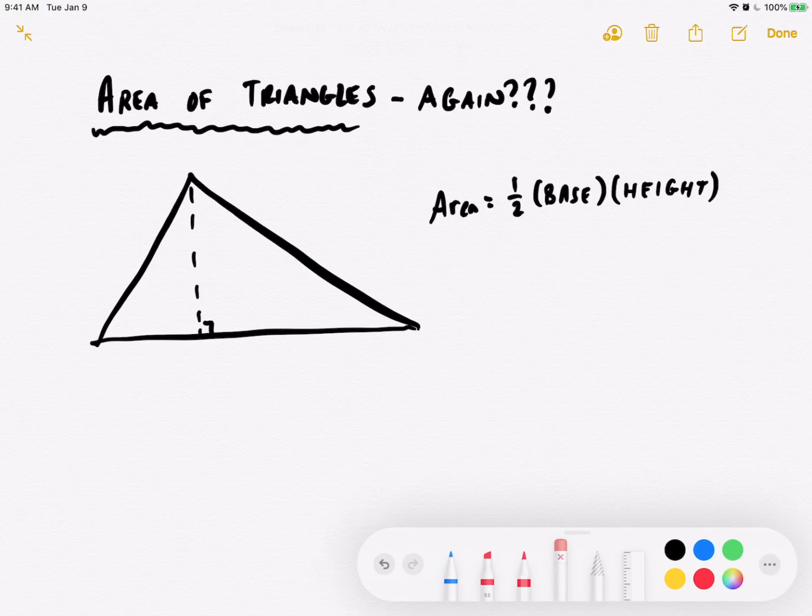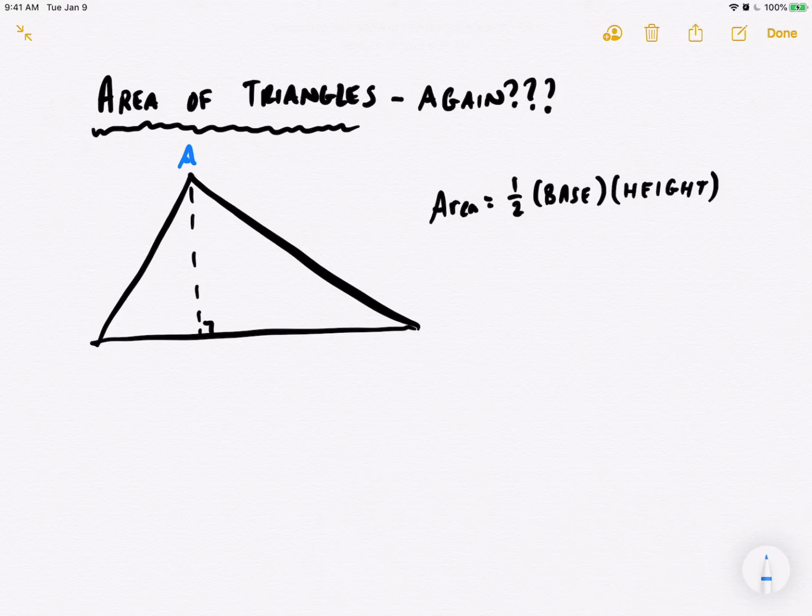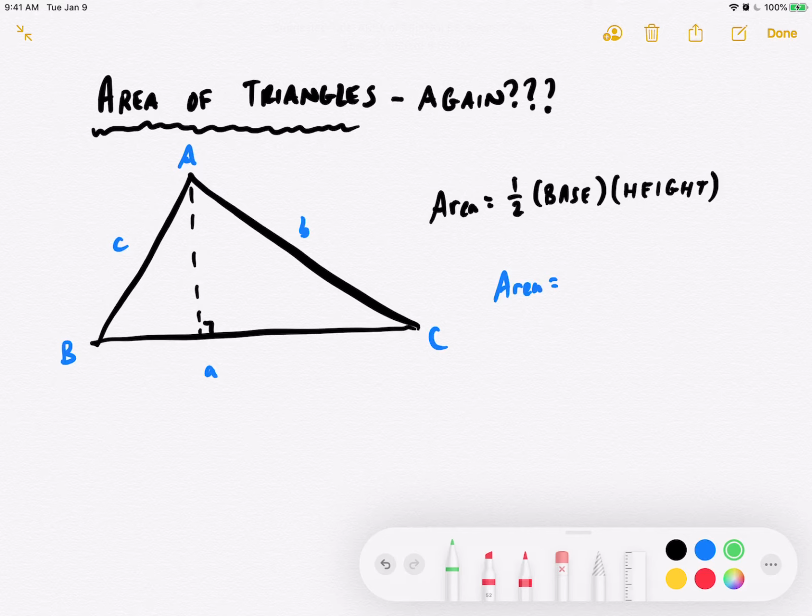So suppose that our triangle had vertices, just say A, B, and C, so that the base was little a, and this side over here is little b, and then this side is little c. If I wanted to find the area of this triangle in maybe a different way, I could think about how the height of this triangle is related to the sine function.